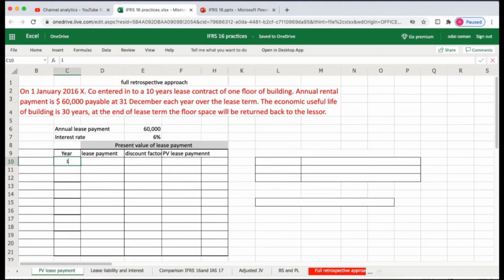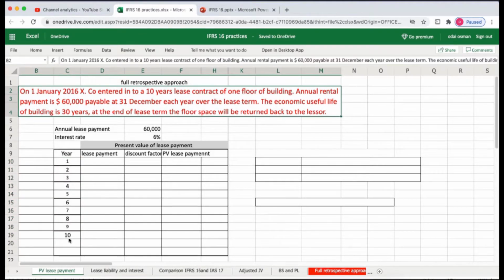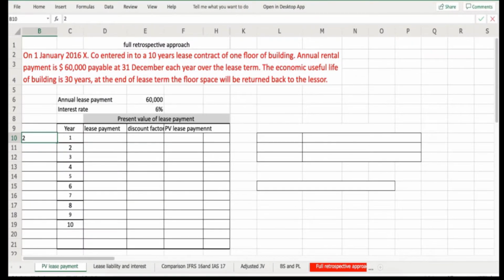Here we have year 1, year 2, and we'll drag down up to 10 years. The commencement date for the contract is 2016, so 2016, 2017, and drag it down.